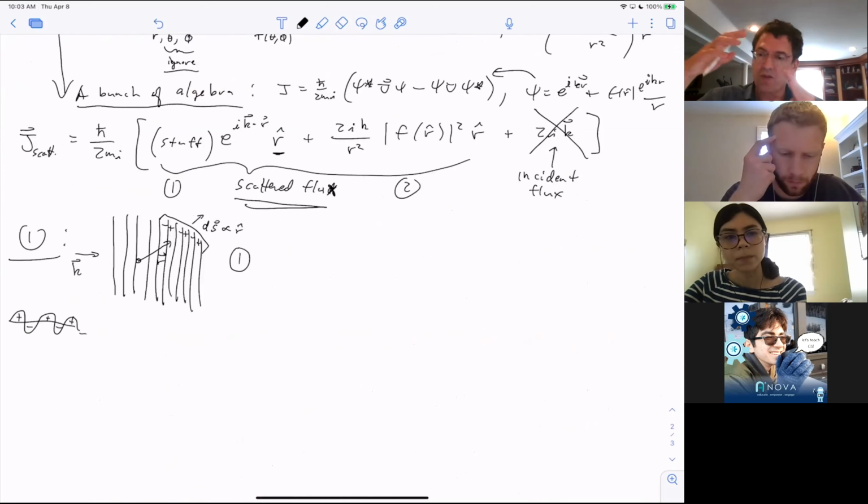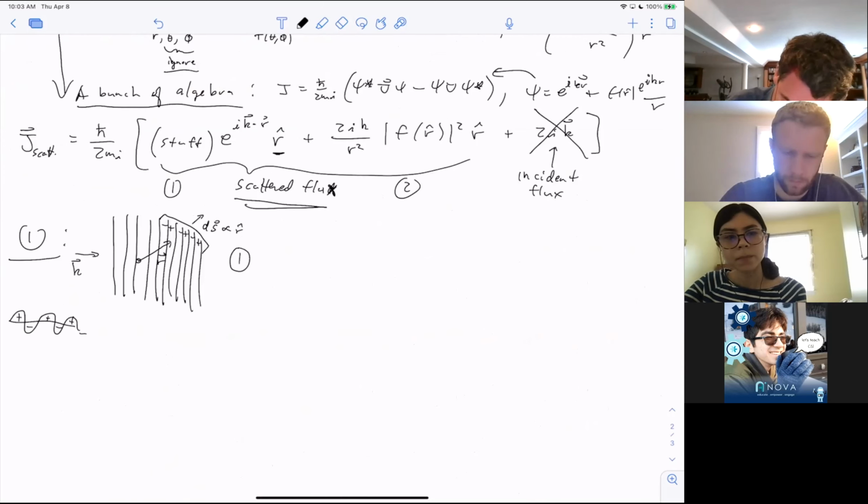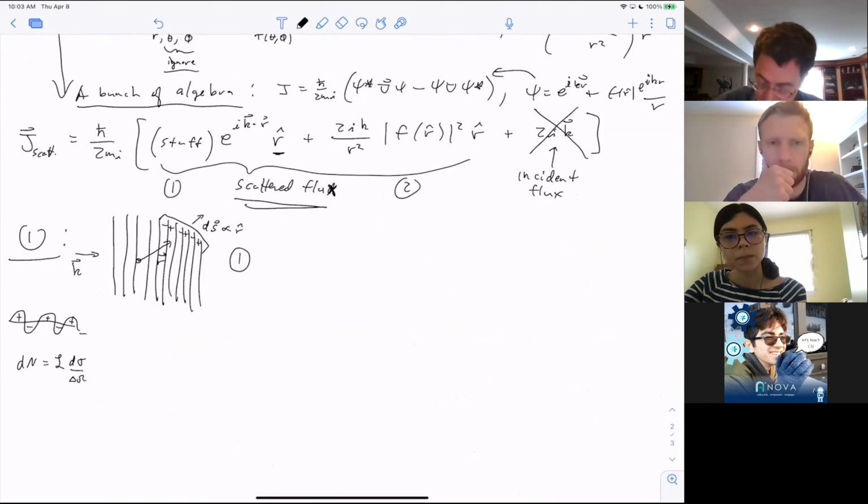Because in the end, for example, we have this. Let's see if I can remember. dN is equal to luminosity times d sigma. Then I could divide this by delta omega, because I can see how many particles go into my detector, and I multiply by delta omega.